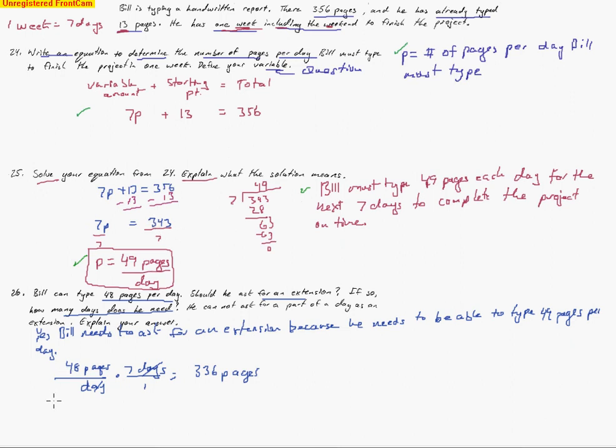So we set up another little problem. We have 343 pages to do, and we're going to subtract 336, the amount he could do. When we do that, that gives us 7 pages. So he needs to be able to type just 7 pages more. Well, he can type 48 pages in one day, so all he needs is 7/48 of a day, which is a fraction of a day. But it says that he cannot ask for a part of a day.